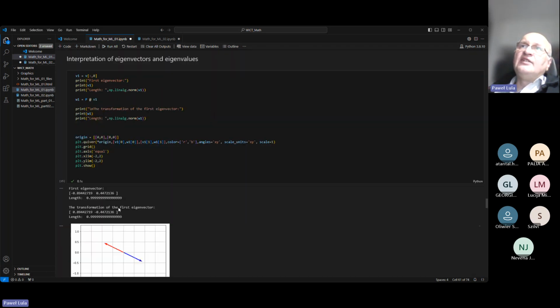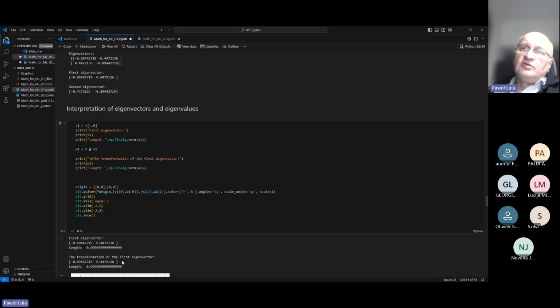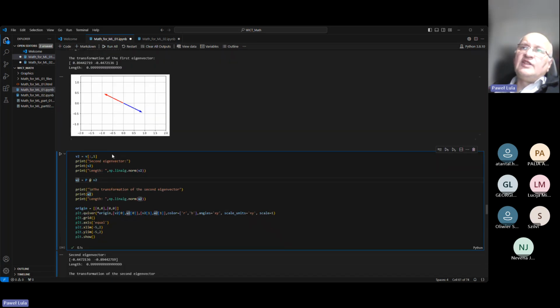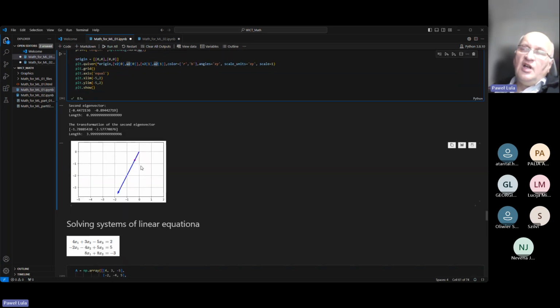The second eigenvalue is 4. We had it here, it is 4. So it means that for the second eigenvector, we have plus 4.